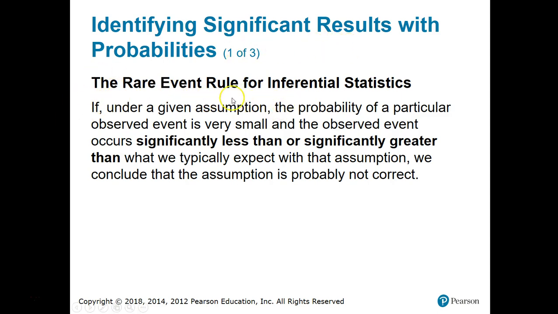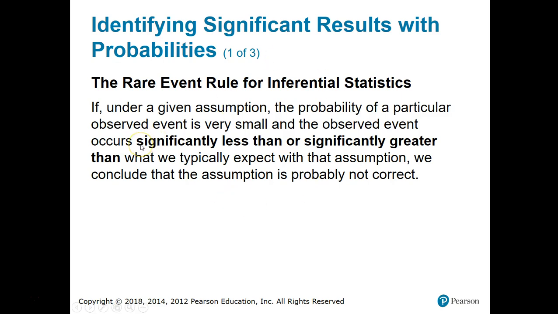All right, rare event rule for inferential statistics. Inferential, that sounds like demonic or something. You have a certain assumption, and you get a certain probability for it. So I assume this, therefore this should be my outcome. Lo and behold, I don't get that.